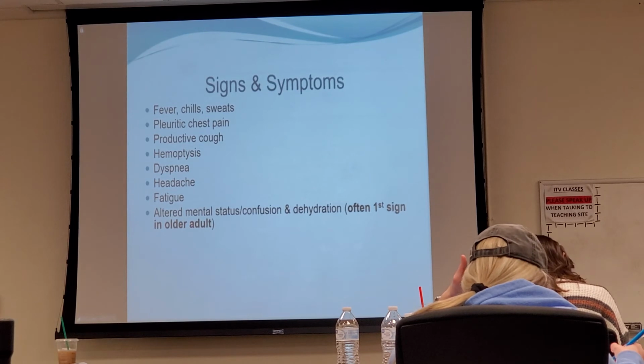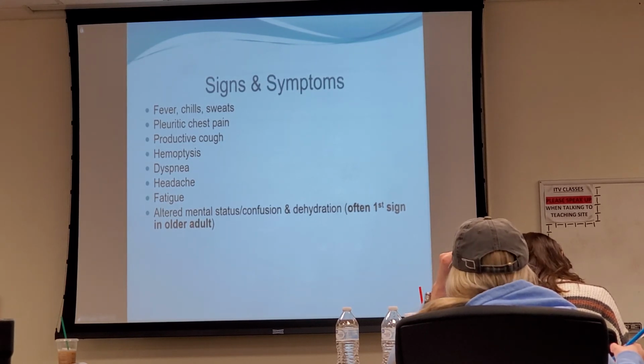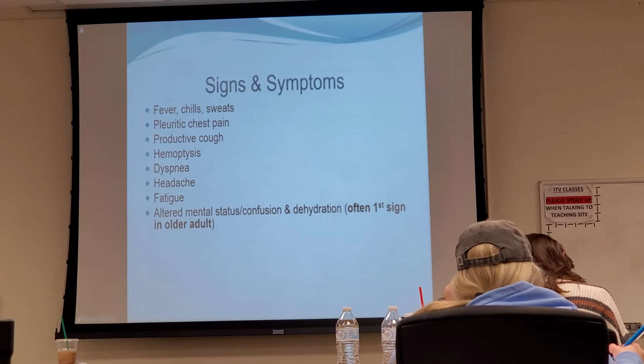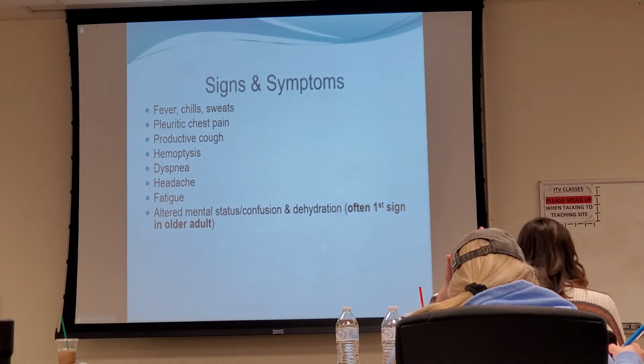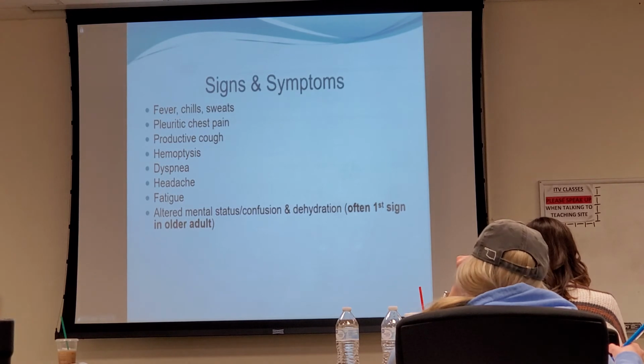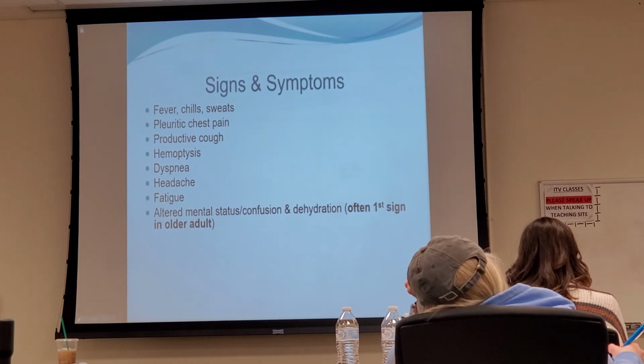Altered mental status or confusion and dehydration. Those often go together, and in an older adult, that may be our first warning sign that they're developing a pneumonia. So recognize that patients with dementia, you're going to talk about dementia starting on Thursday, it might be difficult to recognize that they are more confused than they normally are without knowing their baseline.